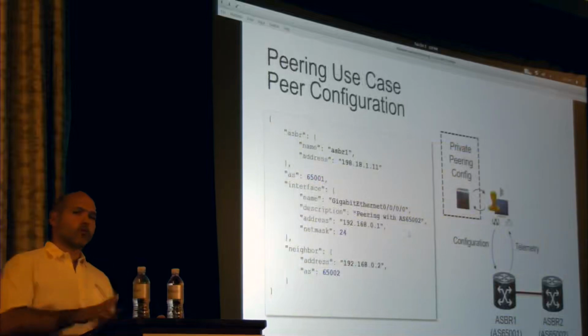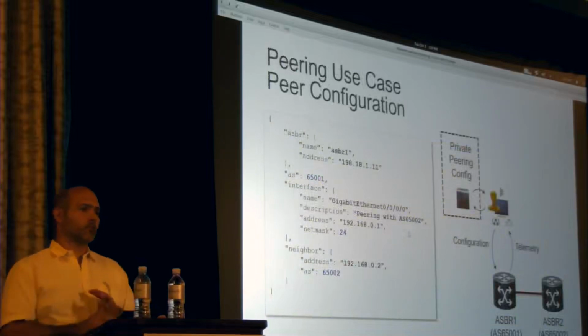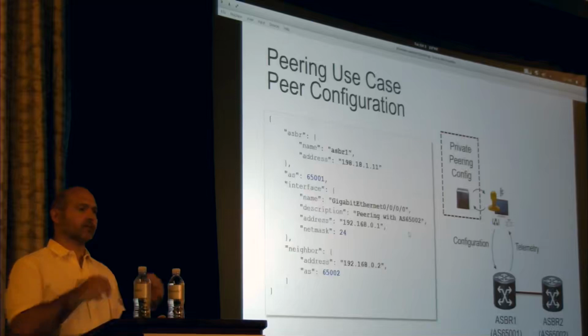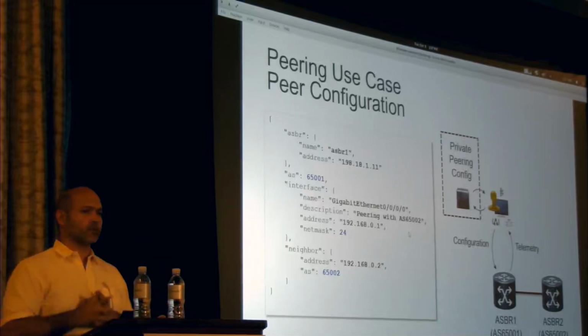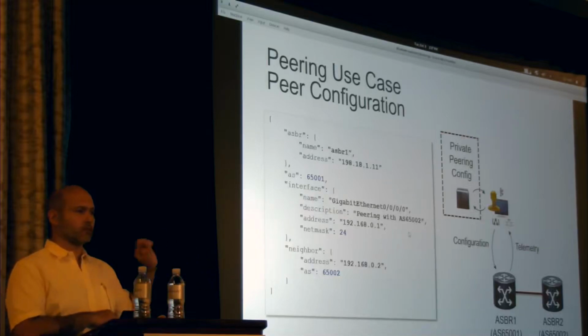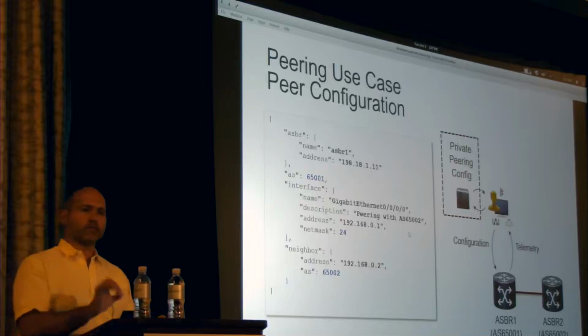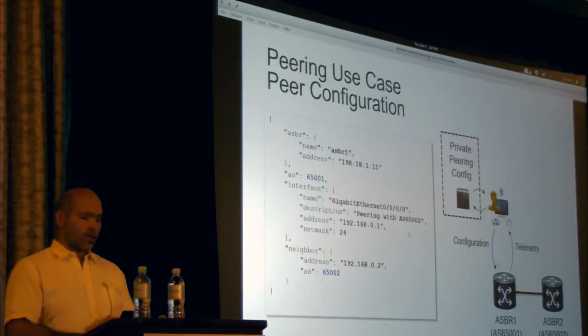Okay, so I went very quickly through two pieces of configuration that are day zero configuration that is going to be on the router before actually configuring the peer. The idea is that we want to pre-configure the policy and we want to pre-configure telemetry. So this is the beginning of the workflow where we're going to configure very specifically a given peer. What I'm doing here is I created a local definition of the peer I want to set up.